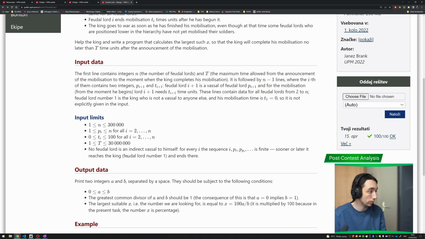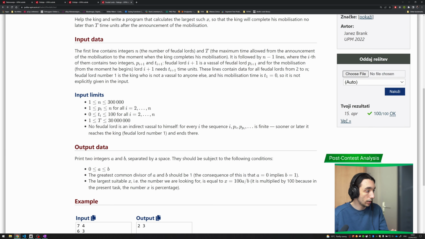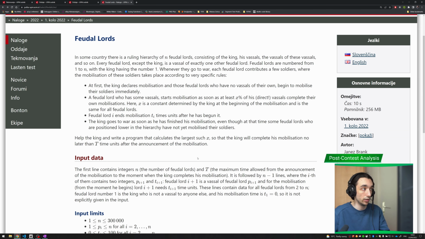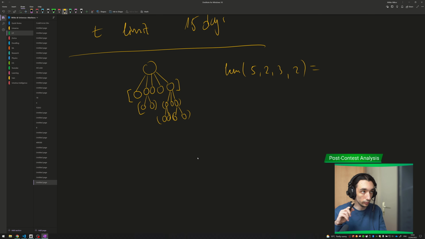So with this statement, we say that it is a tree, but they do not mention that the LCM of the number of children for each node is always very low.